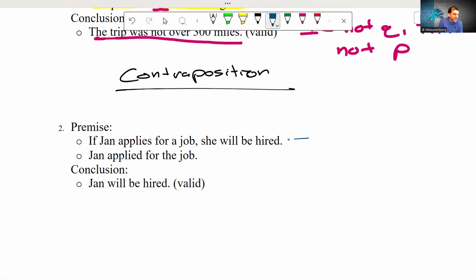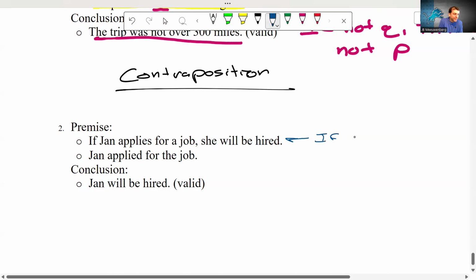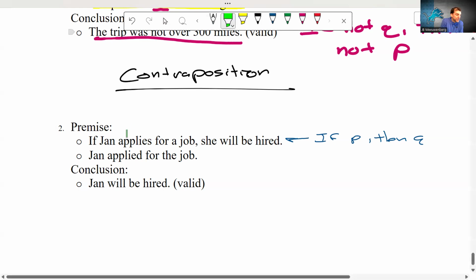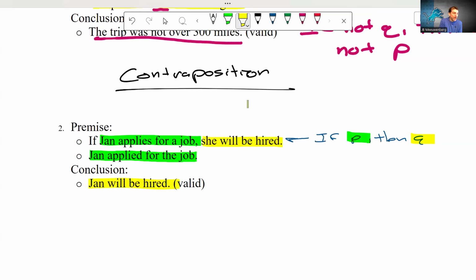Again, what we have here is an if-then statement. If P, then Q. P is Jan applies for the job. Q is she will be hired. Jan applied for the job, and that is associated with the P. So the hypothesis was satisfied, which means Jan will be hired is our logical conclusion.